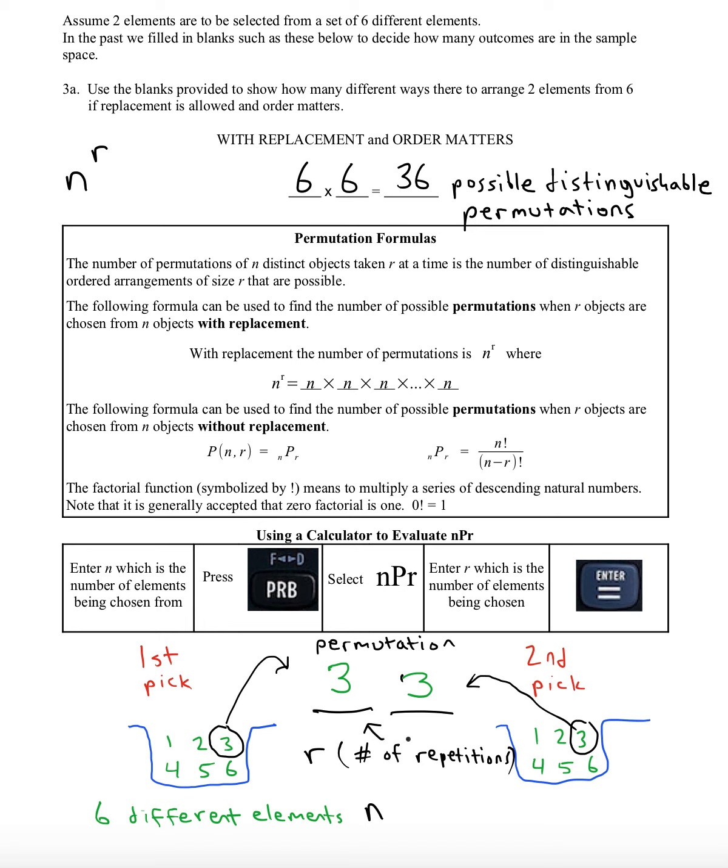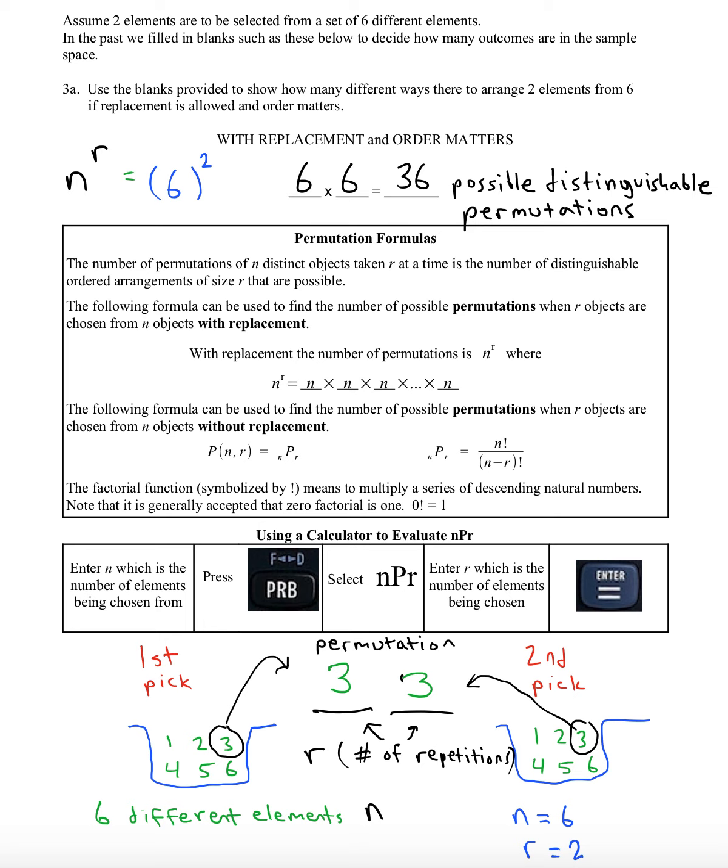As you can see here, there's 2. So for our problem down below, notice that n is 6 and r is 2. So if we want to find the number of distinguishable permutations here, all we got to do is do 6 to the 2, and then we'll have it.